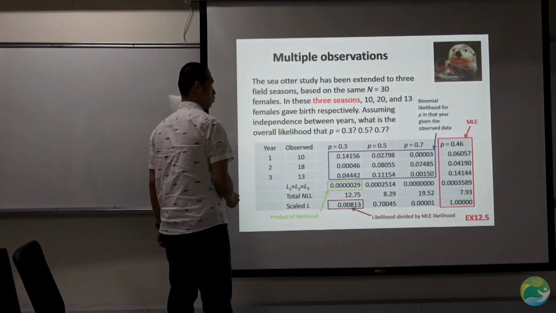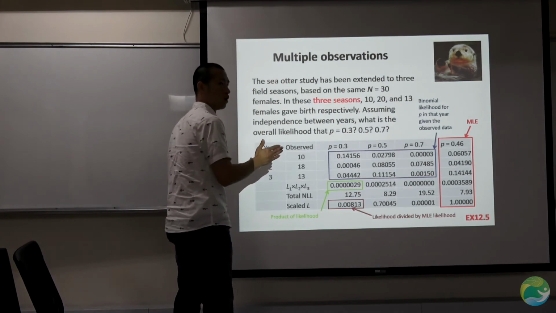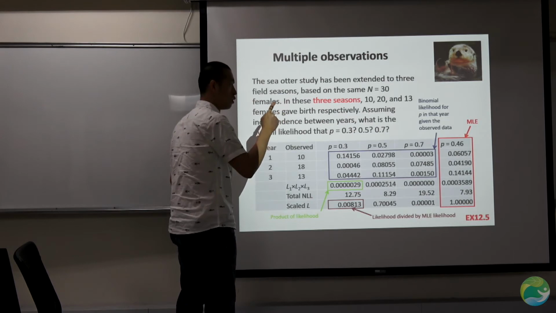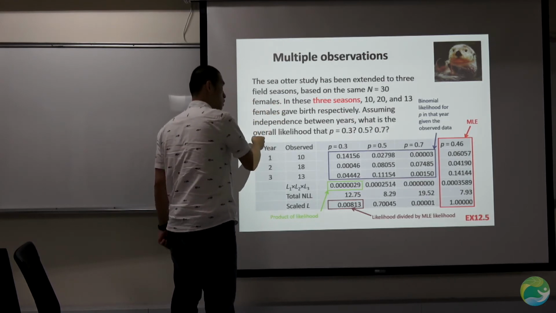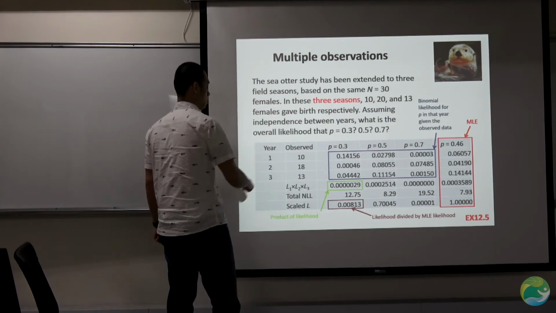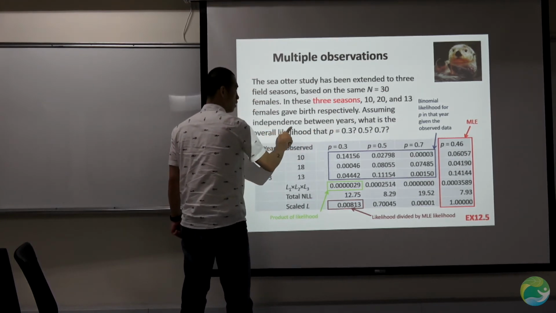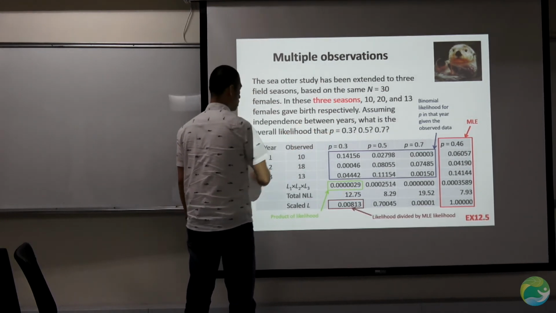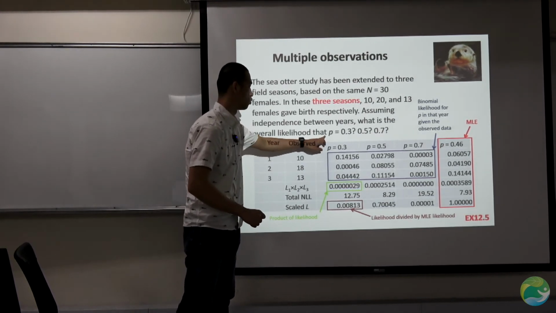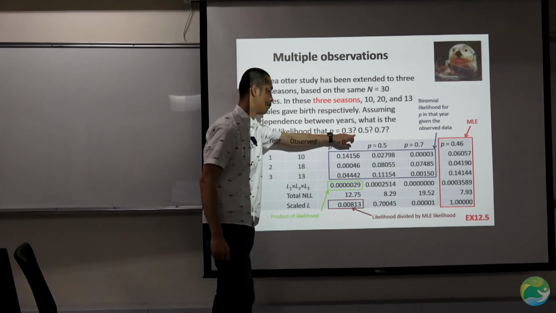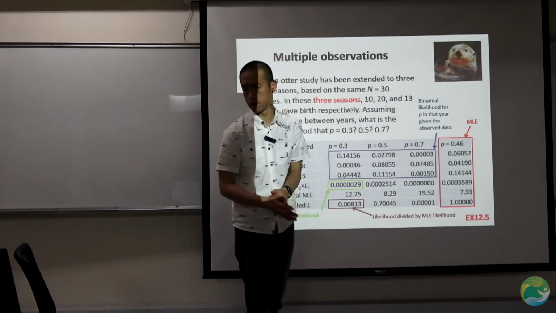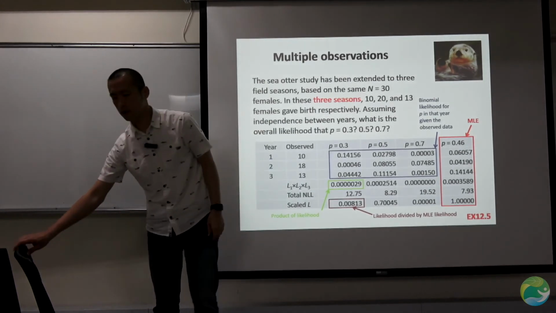We want to know about the p-value again. For the first case, we only had 1 data point. In this second case, we have 3 data points. Assuming independence between years, what is the overall likelihood that P is equal to 0.3 compared to P equal to 0.5 or 0.7?